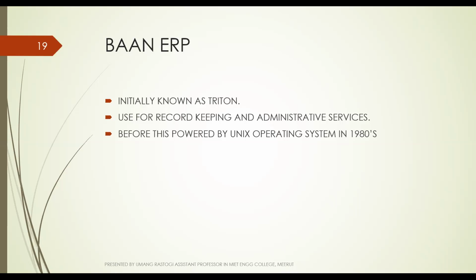BAAN programs could add manufacturing and distribution, financial calculations, project estimates, and management applications, numerous small programs which companies can use to do those tasks. Okay, so those are the programs called the BAAN ERP.